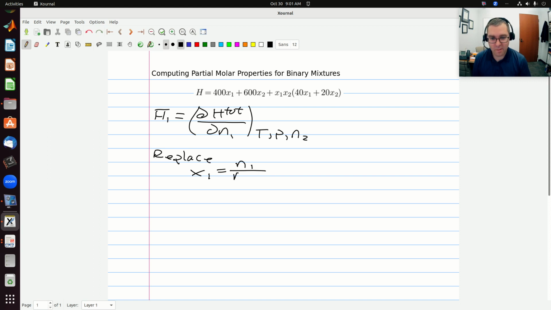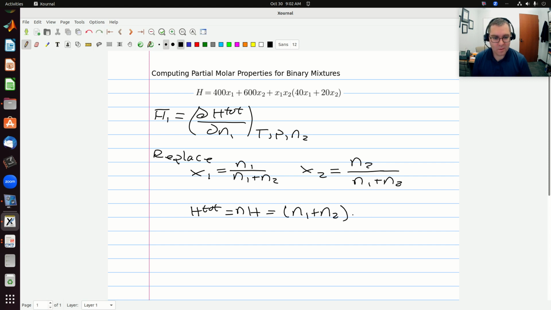This could be n1 divided by n1 plus n2, and then x2 I replace with n2 divided by n1 plus n2. And then further, I need h total. h total is equal to n times h, and so that's going to be equal to n1 plus n2 times h.